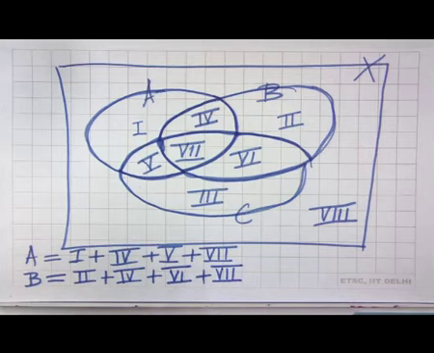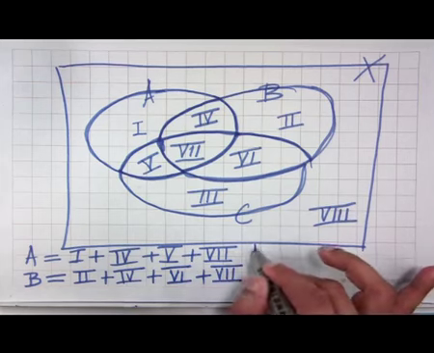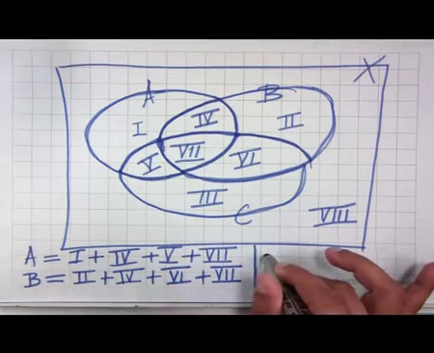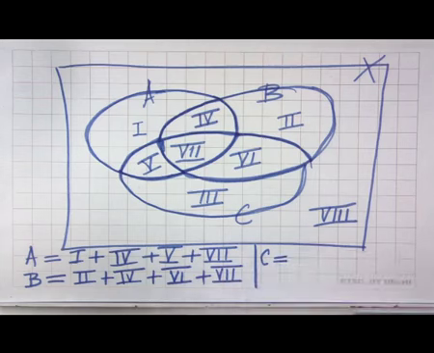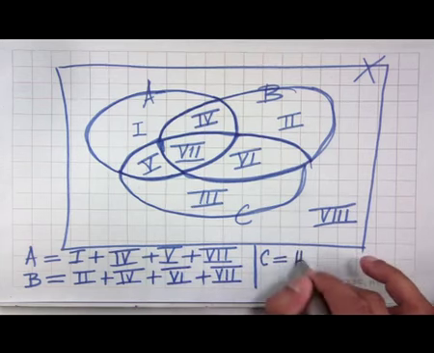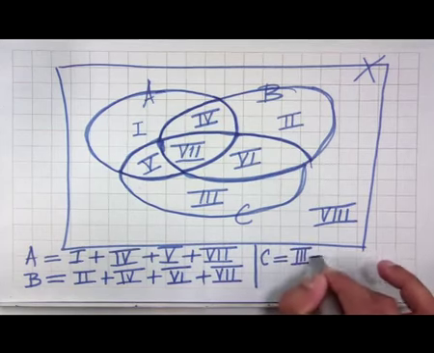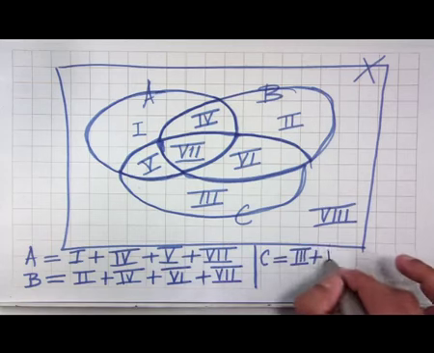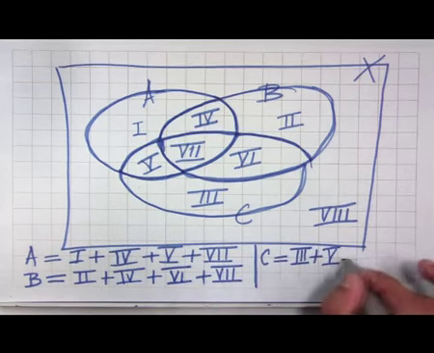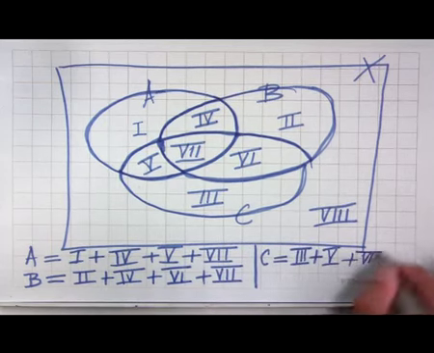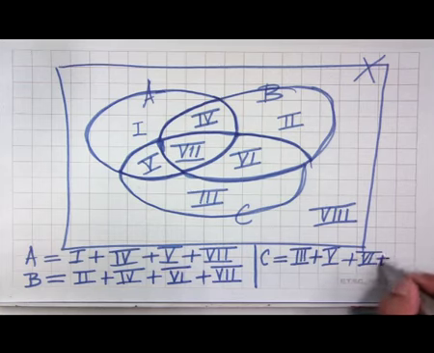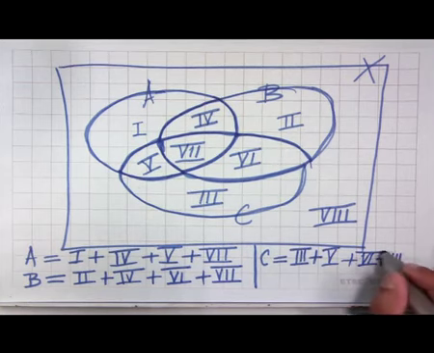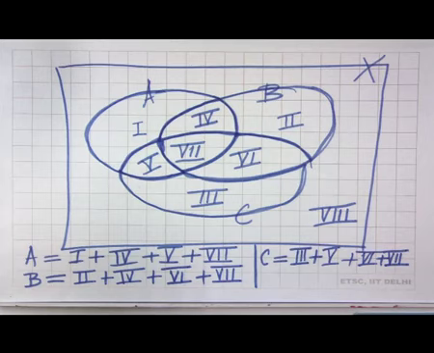And C is captured by 3. Let me just try to squeeze this in the margin. And then 5. And then 6. And finally, I hope this squeezes in, 7. So those are the regions that make up A, B, and C.